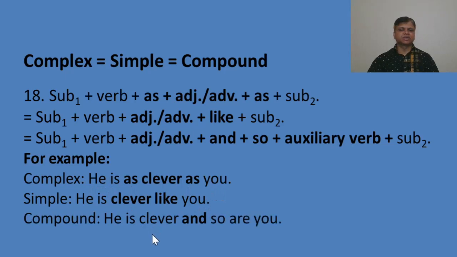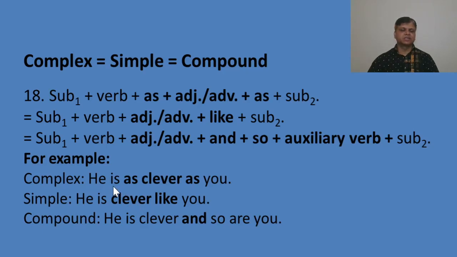If you want to make it a compound sentence, you have to follow the structure this way. He is clever and so are you. First we have to use subject verb, then adjective and the coordinating conjunction, so are you. Here are is an auxiliary verb, it depends on the verb of the main clause.